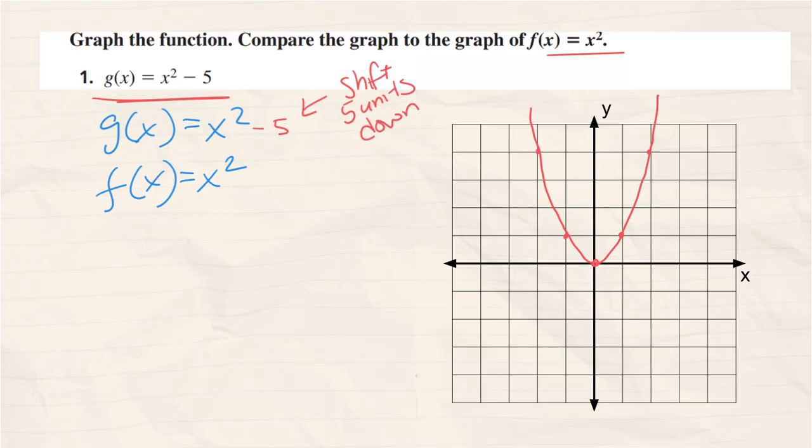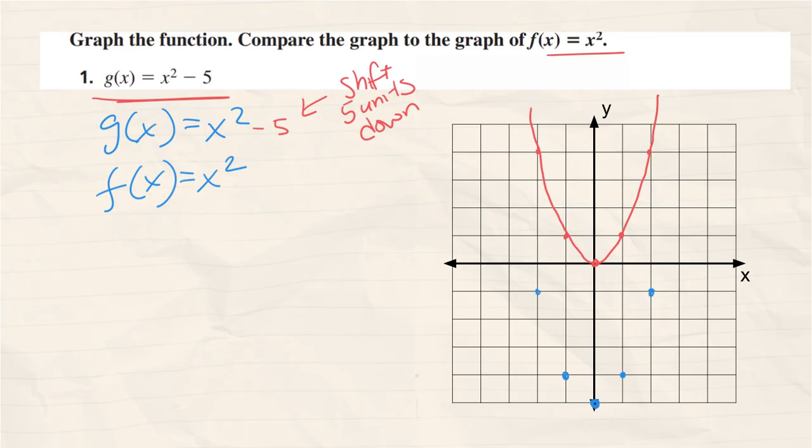Okay, so there's no need for me to work it all out. I just could get from my original one of the parent, go 5 units down. So it'd be 1, 2, 3, 4, 5. And any other points that I have, I'm going to go down 5 units also.